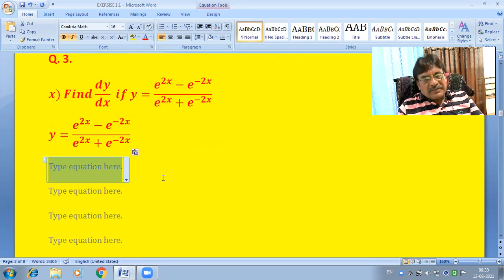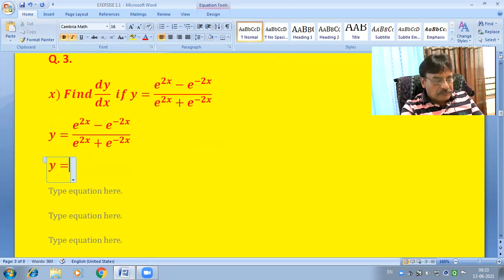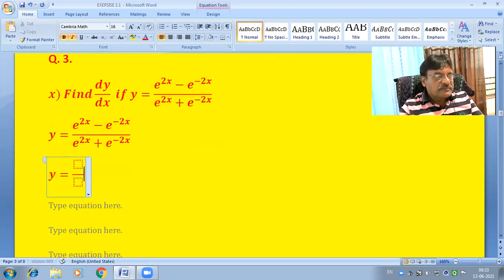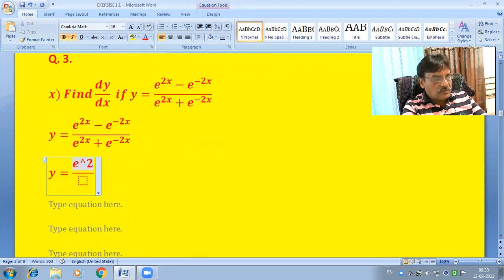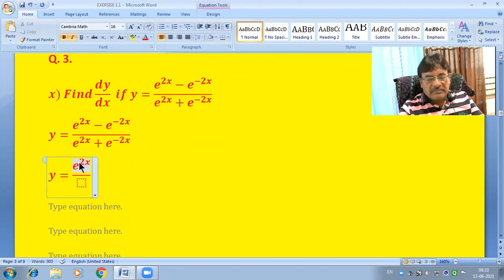Then first we simplify this function. It can be written as y is equal to e to the power 2x as it is, minus e to the power minus 2x. Here we use the indices rule: a to the power minus 1 is equal to 1 by a.